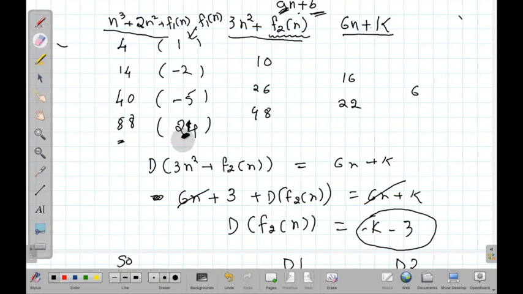And then 24 minus 32 will be minus 8. So minus 3, that will give us minus 3n. Yes, minus 3n.